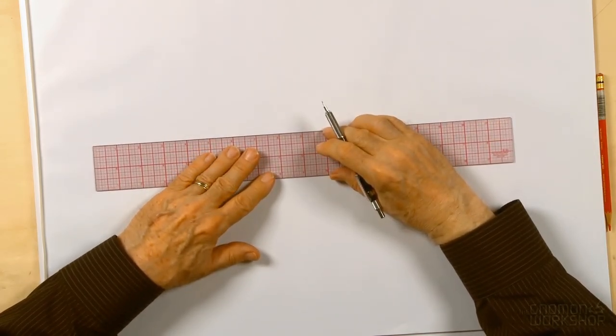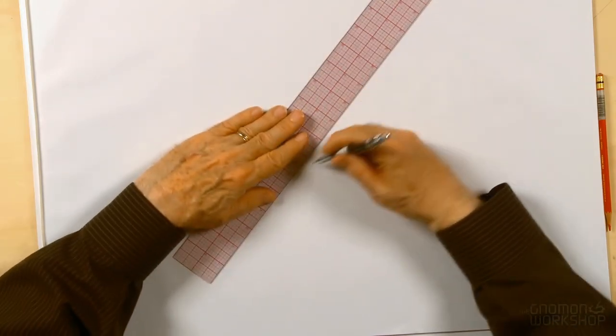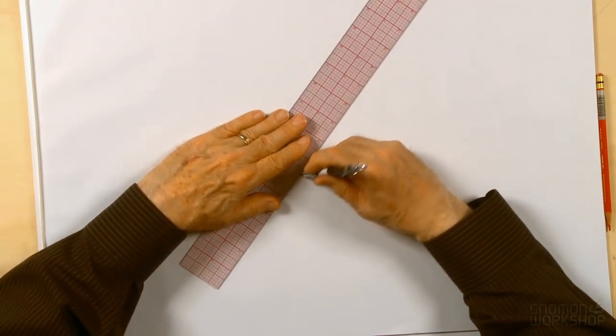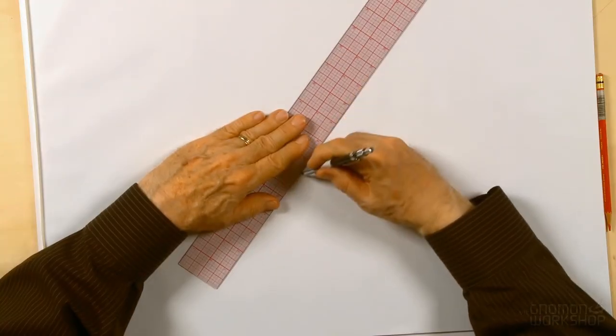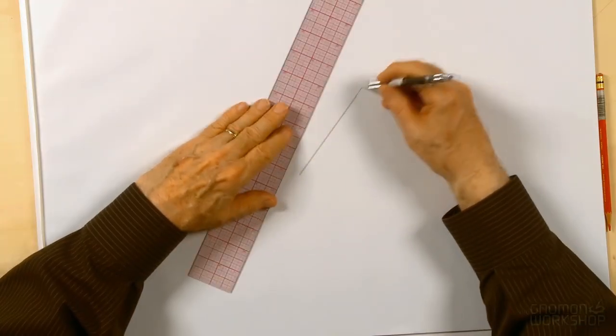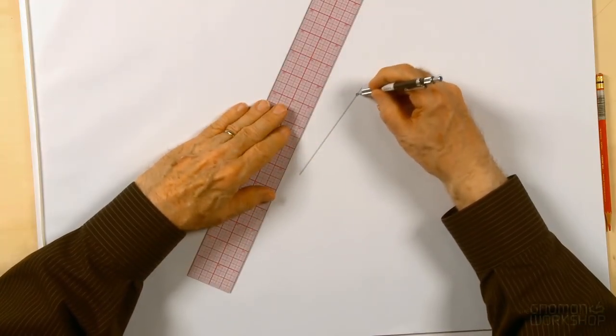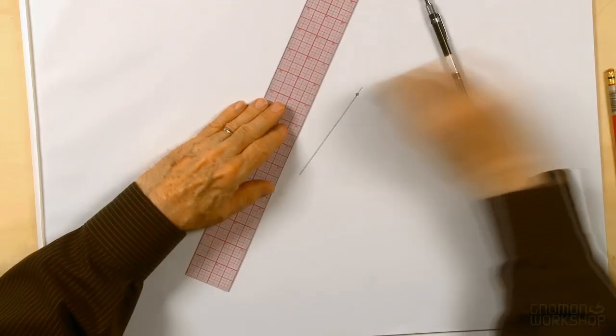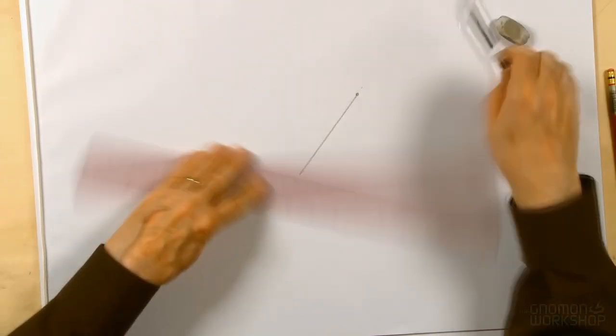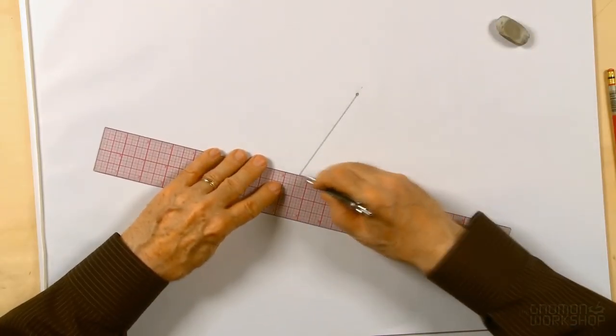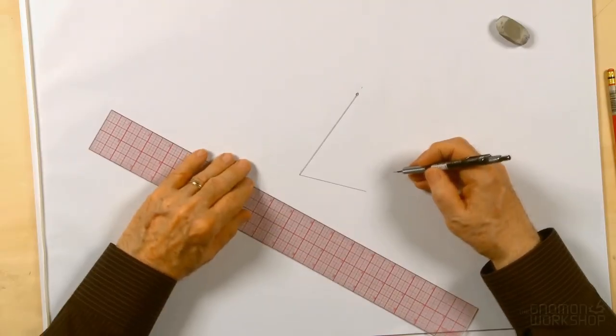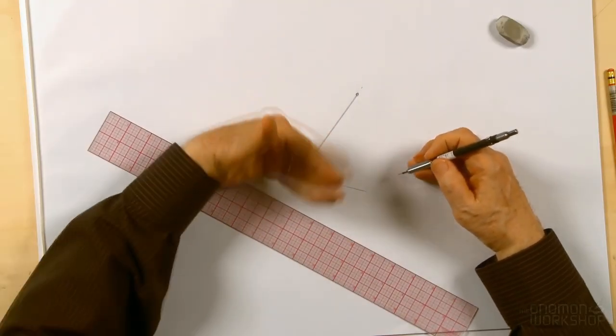Okay, I don't really need a horizon line for this. What I could just do is draw the pole. So what I have here is a pole tilted at an angle. But not only is it tilted at an angle like this, it's also tilted toward me. So what I'm going to do is draw a line on the ground, not a shadow, but it indicates the direction that the pole is tilted toward me.